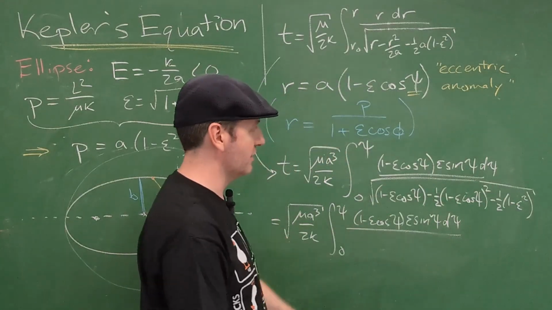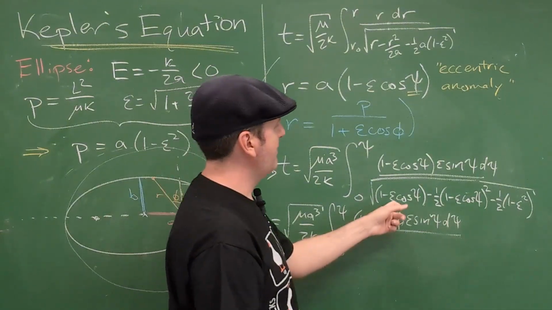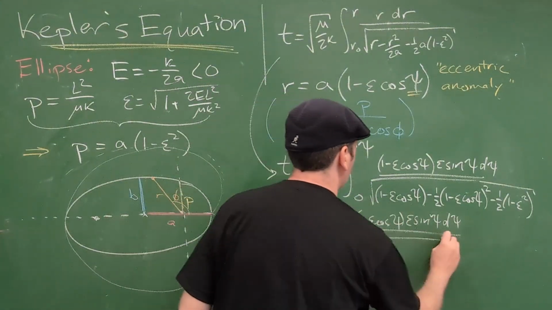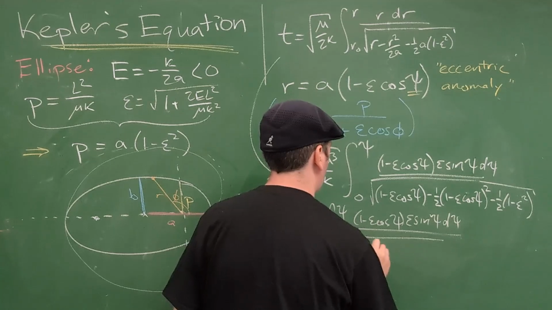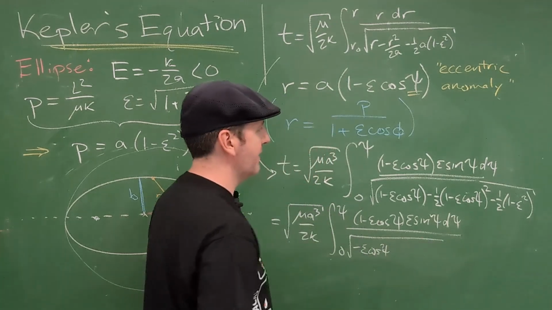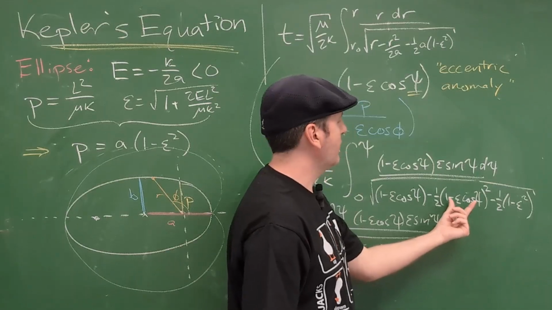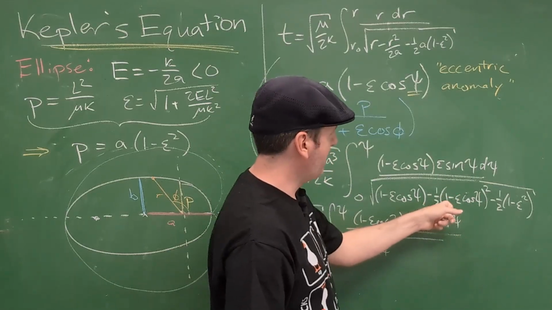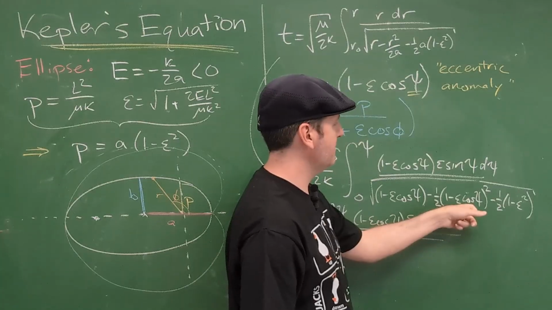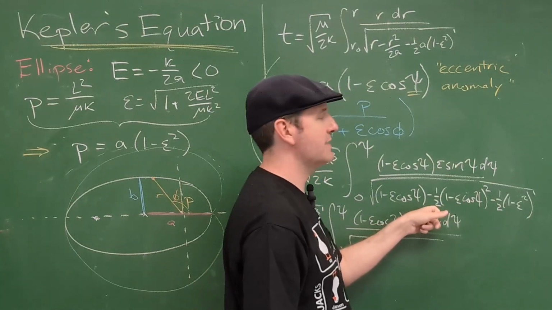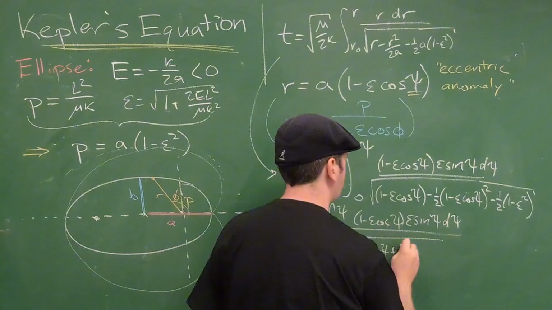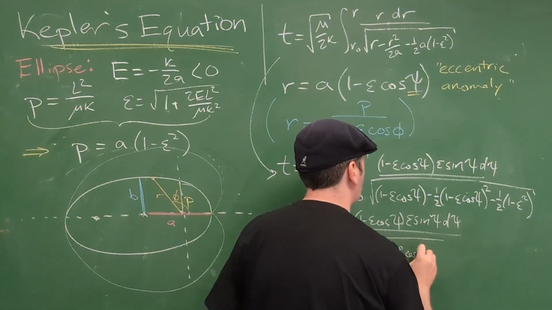So there's no constant term here. I have a minus epsilon cosine psi. I'll go ahead and write that. When I expand this out, I'm going to end up with a cross term of minus 2 epsilon cosine, but then times minus 1/2. So that's going to be plus epsilon cosine.